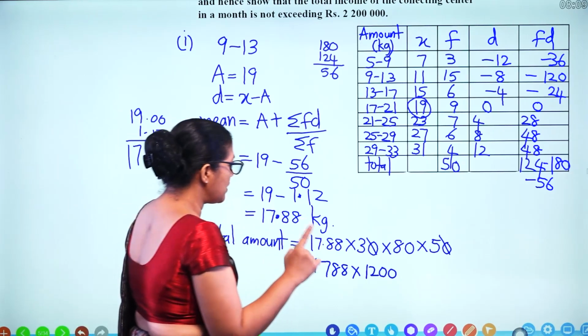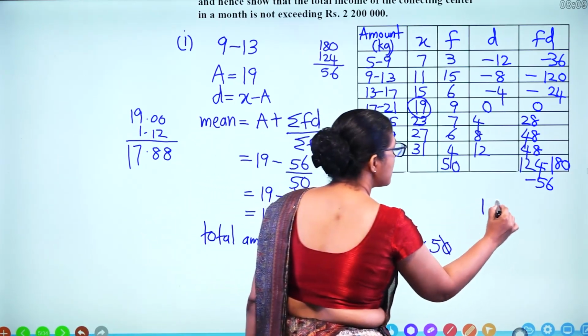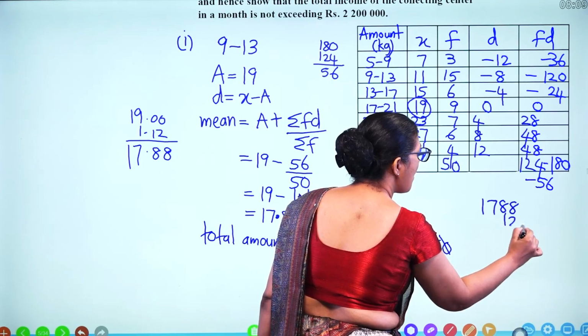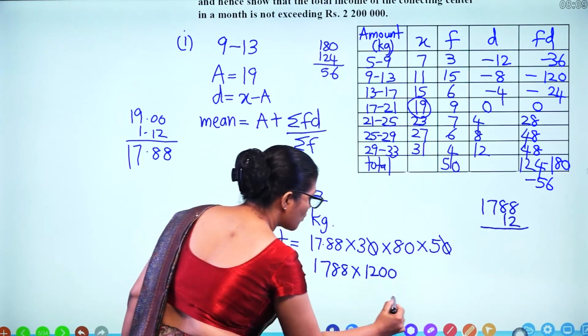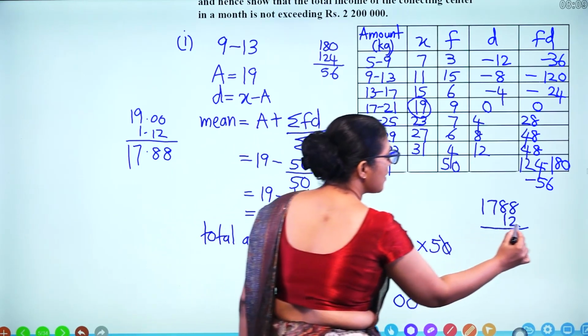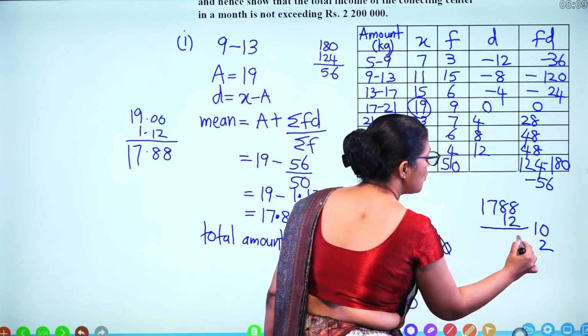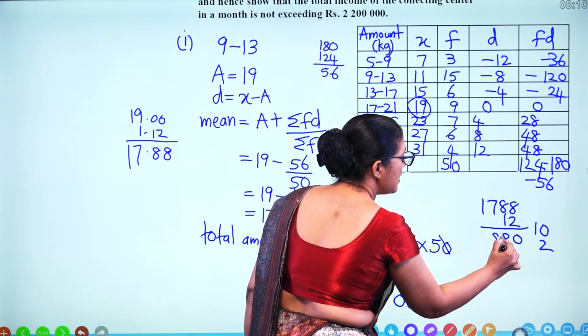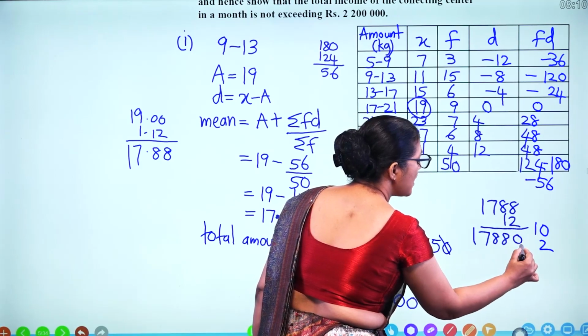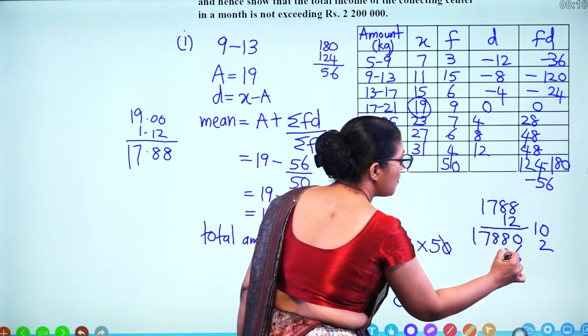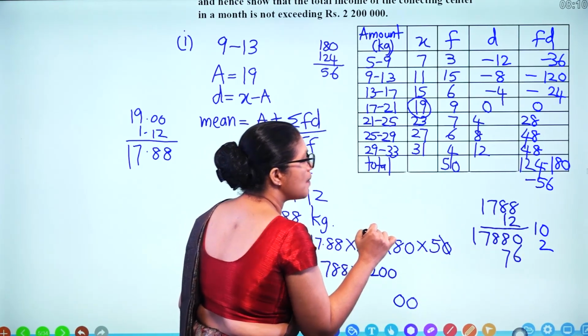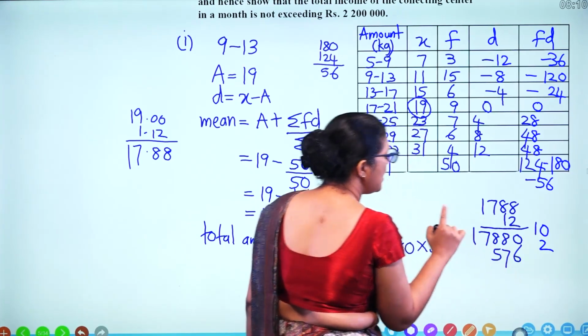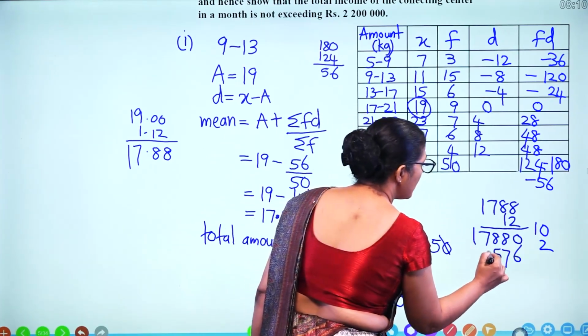Now we have to multiply by 12. So 1788 multiplied by 12 and put 2 zeros. So multiply by 12, 10 and 2. 2 times 8, 16. 16 plus 1, 17. 2 times 7, 14 plus 1, 15. 2 times 1, 2 plus 1, 3.